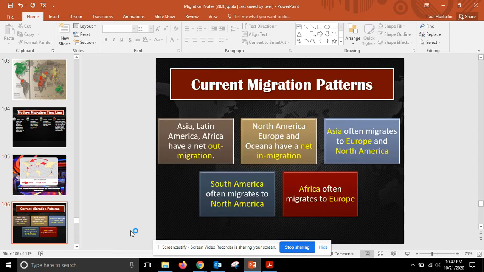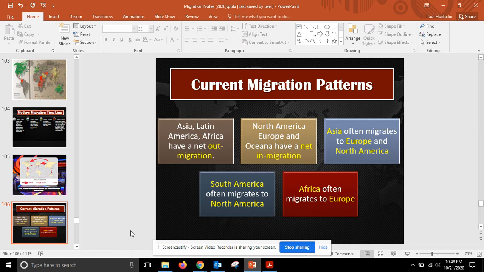So here are some of the major patterns we're going to see that get back to the discussion of emigration and immigration. We see that Asia, Latin America, and Africa all have net out migration. If you've got net out migration, it means you're more likely to leave an area and go somewhere else.